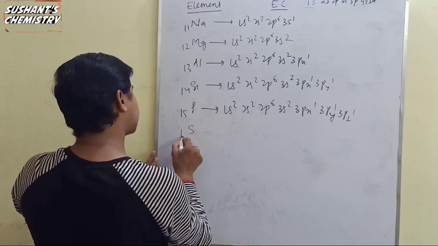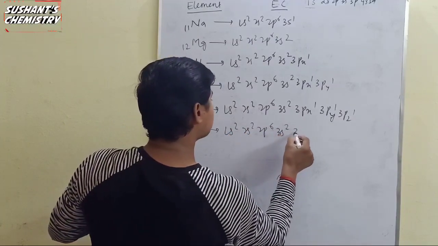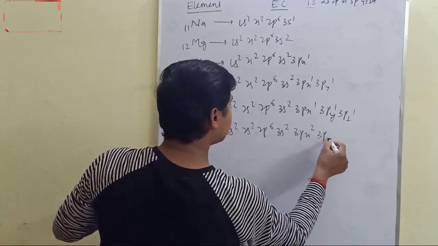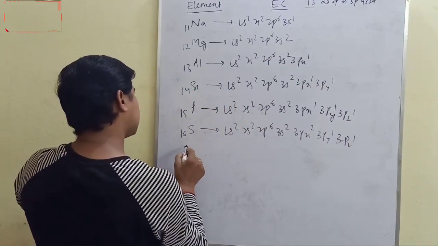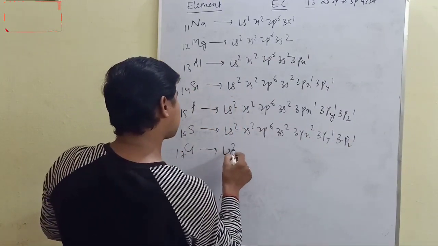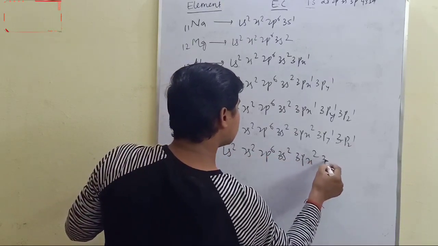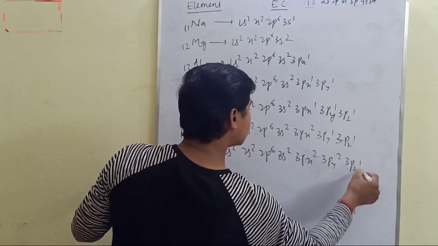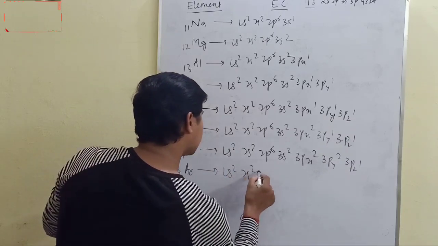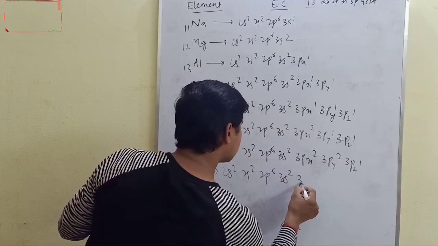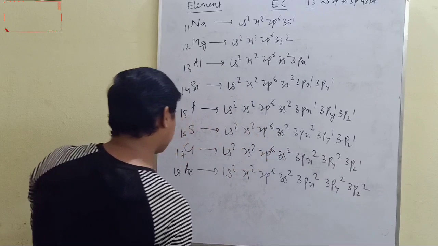Similarly, sulfur 16, that is 1s2 2s2 2p6 3s2 3px2 3py1 3pz1 by applying Hund's rule. Chlorine 17, that is 1s2 2s2 2p6 3s2 3px2 3py2 3pz1. Argon 18, that is 1s2 2s2 2p6 3s2 3px2 3py2 3pz2.